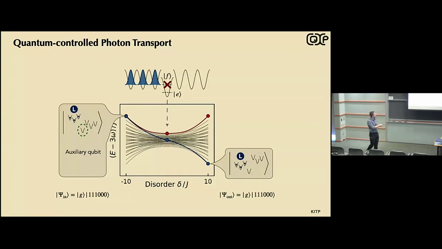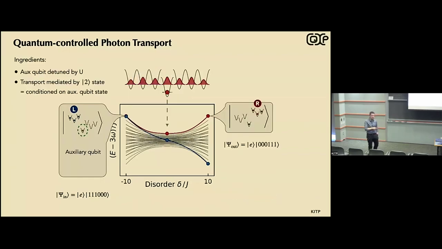My particles will still be localized on the left-hand side. But obviously, this changes if I have a photon in the middle control qubit. Then the 2 photon state of that control qubit will mediate the delocalization of our particles into the similar type of fluid that I talked about before. And when you introduce disorder, the photons come back, relocalizing on the right-hand side. So you can in principle think about this as a conditional few-body swap operation.